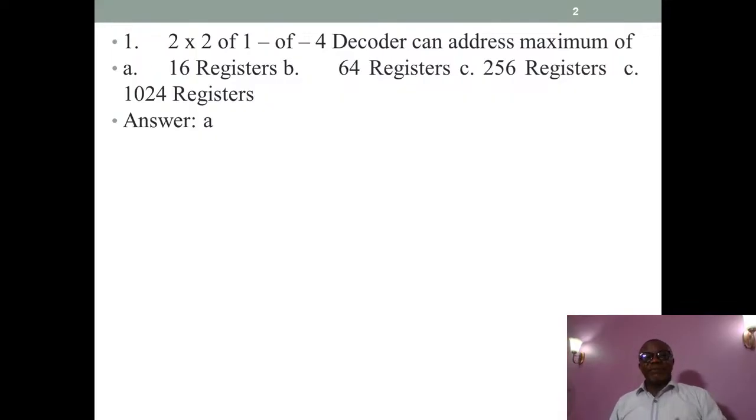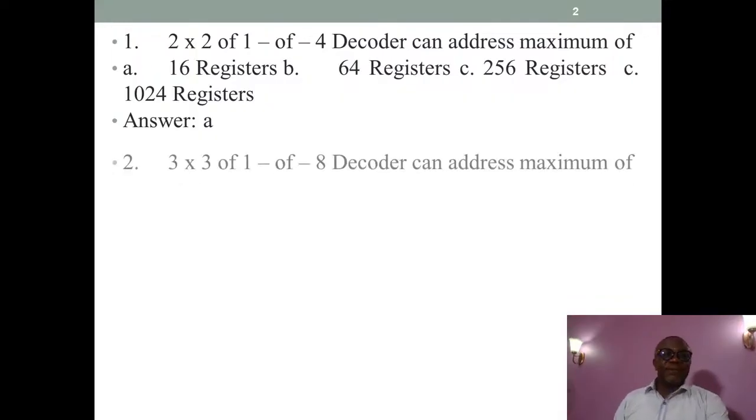So you see that the column decoder will have 4 combinations. The row decoder will have 4 combinations. So you will now say that it's 4 times 4, which is 16 registers that can be addressed by the 2x2 of 1 of 4 decoder.